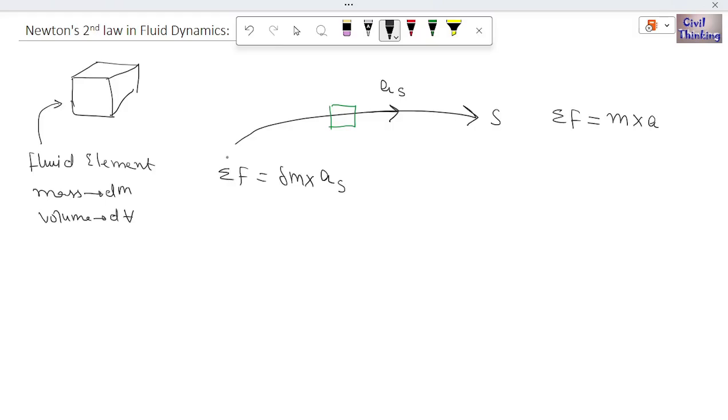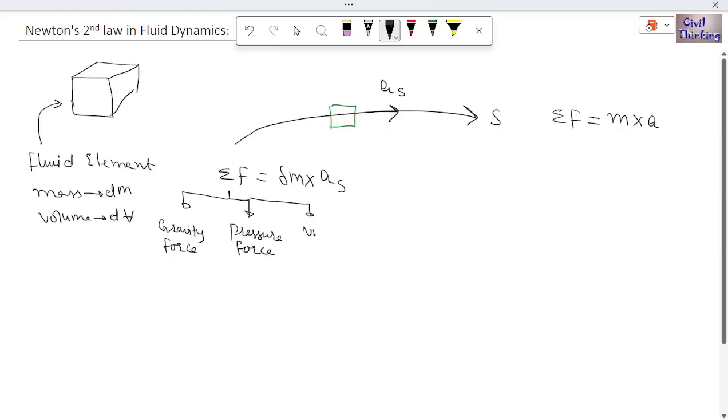So the summation of forces can be due to, let me begin with gravity force, plus pressure force, plus viscous force.